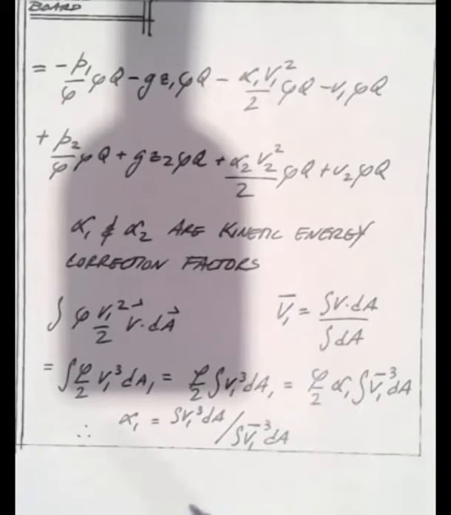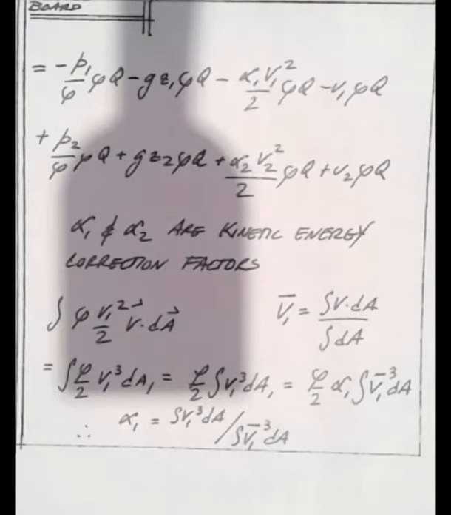We can get an average velocity, and the kinetic energy correction coefficient for that same location is going to be the integral of V1 cubed dA divided by the integral of V bar cubed dA. These factors range in numerical value, depending on the flow regime type, from slightly less than 1 up to 2. We'll leave them around for the time being, and then we'll deal with them later.